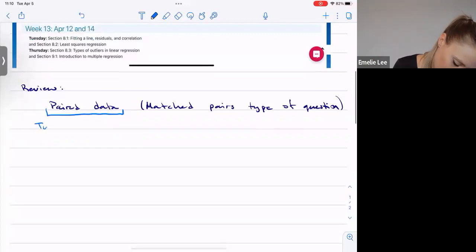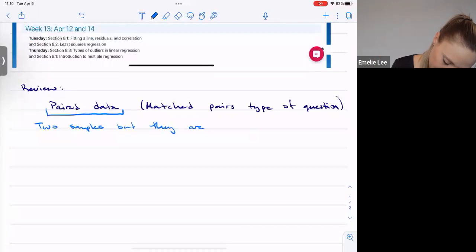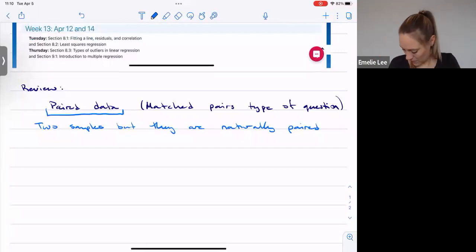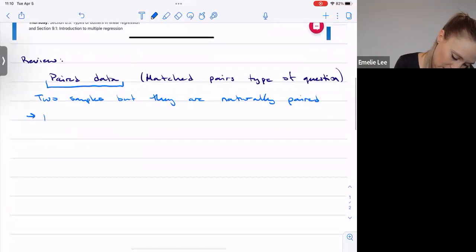So we have 2 samples, but they are naturally paired. So really what we mean is 2 observations on the same subject.